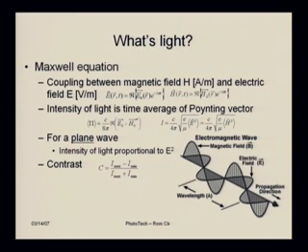The intensity of light is the time average of the Poynting vector, but in everything that we're going to do today, we will consider the light as a plane wave, and basically the intensity of light will be proportional to E squared, or to the amplitude of the light squared. So that will be a lot easier to compute the total intensity.